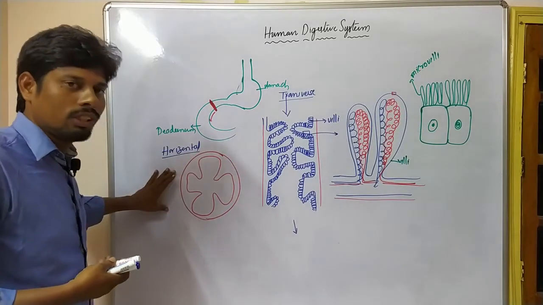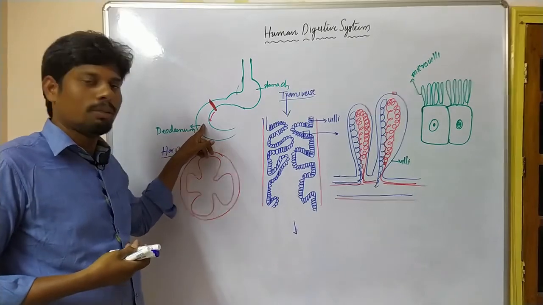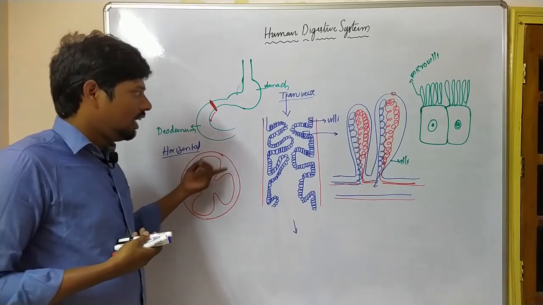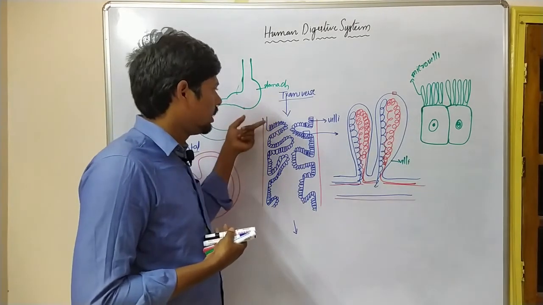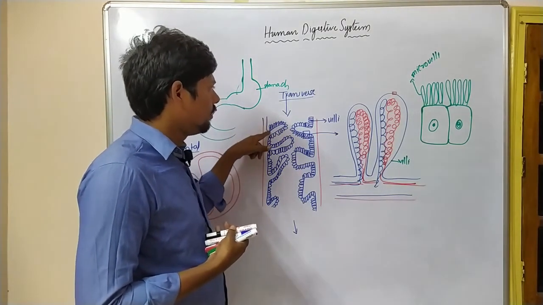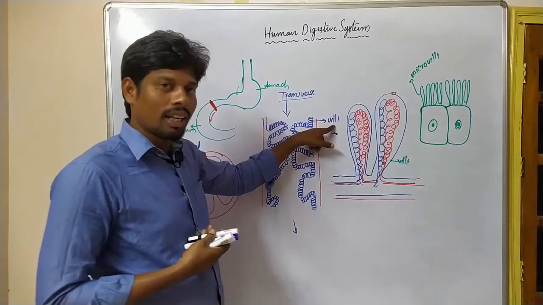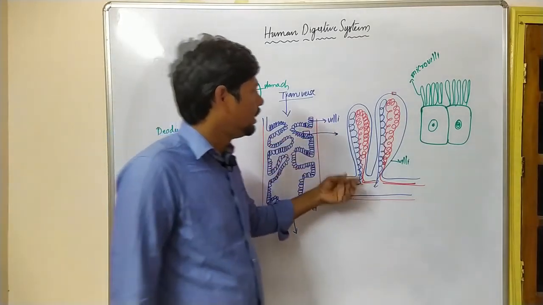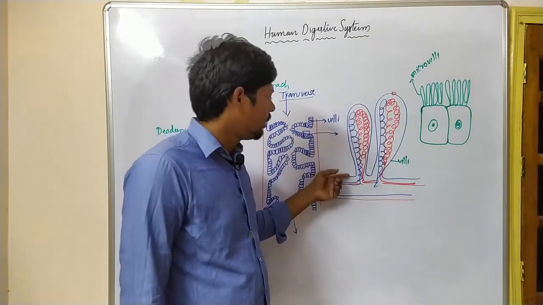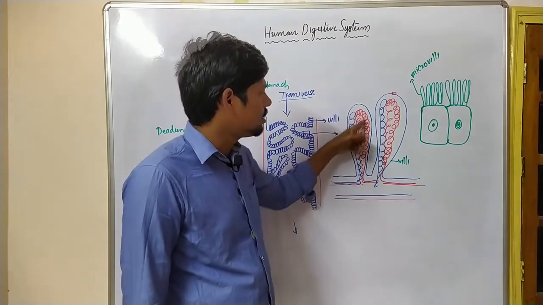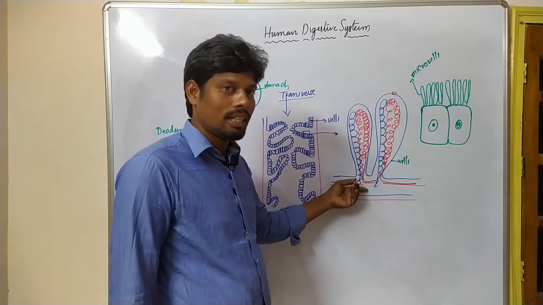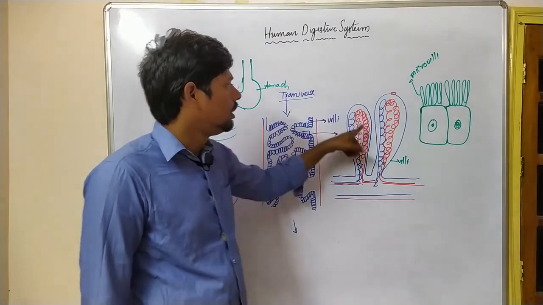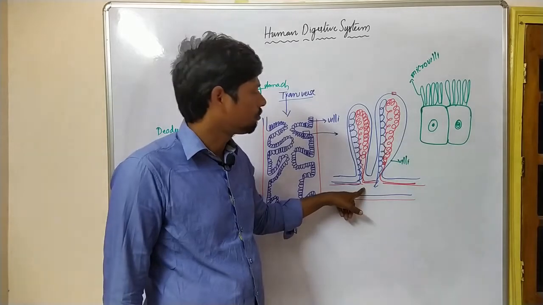Actually, see what I have drawn here completely. There are many folds present in the internal structure of the small intestine. If you see the transverse section, there are foldings. Along with the foldings, there are finger-like structures, they are called villi. Villi contain a rich content of blood vessels, essential for the absorption of food items from the small intestine into the bloodstream.